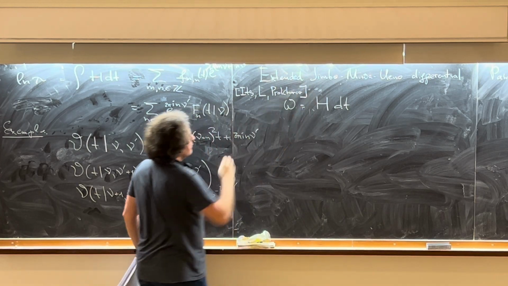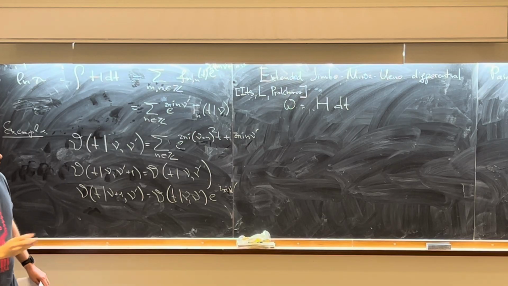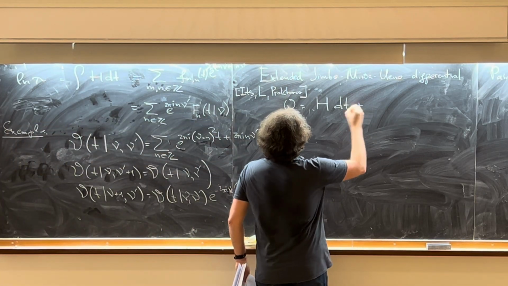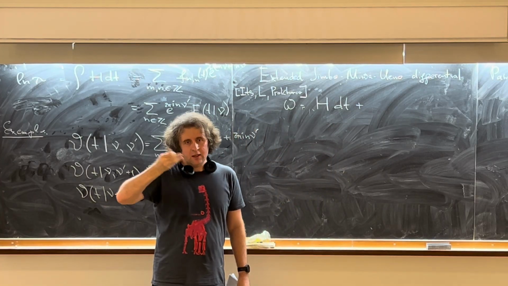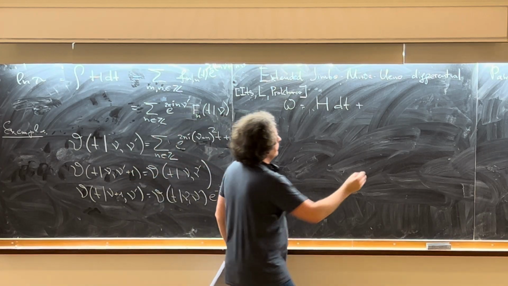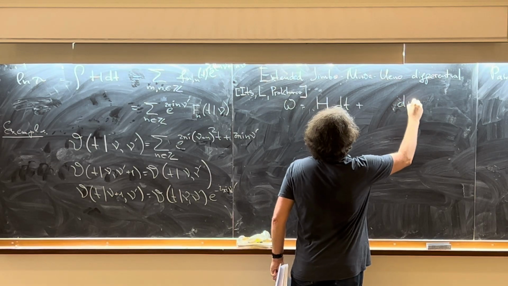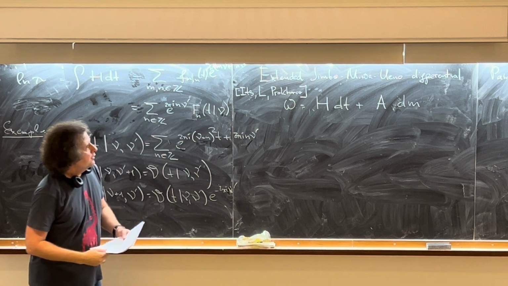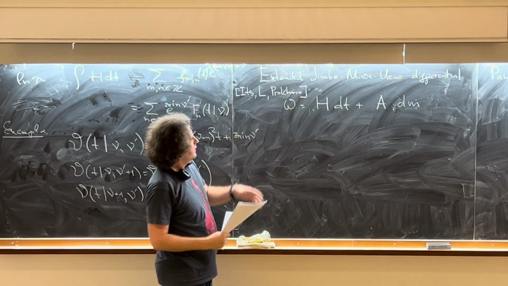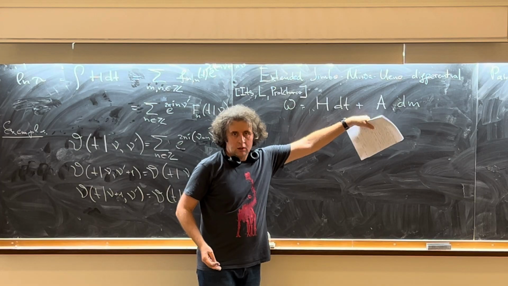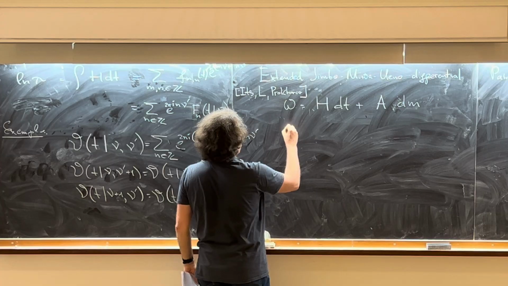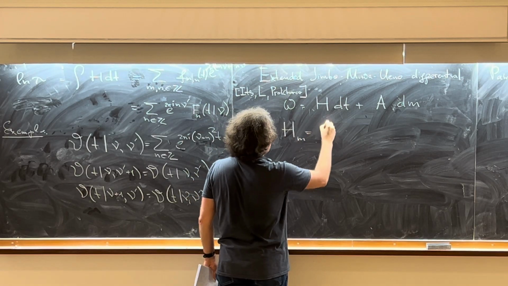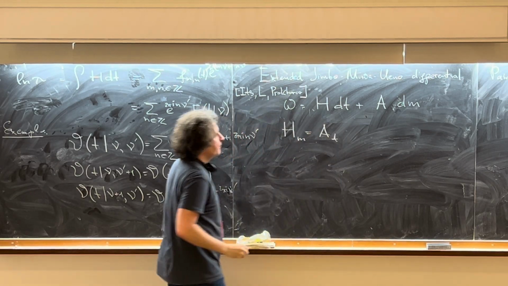But the case of Painlevé 1 is so simple that I can even do it on the blackboard. So basically, suppose that we now have some monodromy parameter m. So dm, and we want to have here some coefficient a, and ultimately we want this form to be closed. So we want a relation like h_m is equal to a_t.